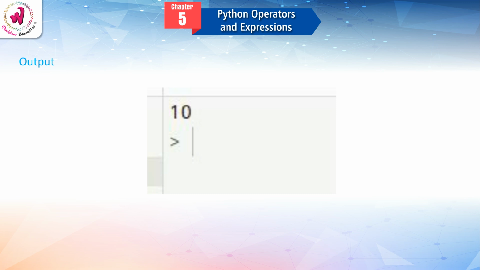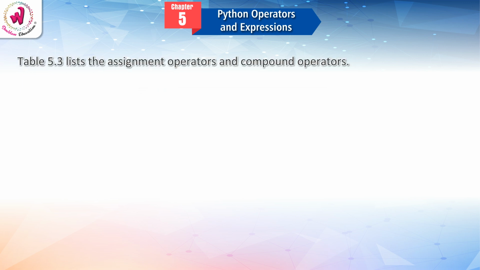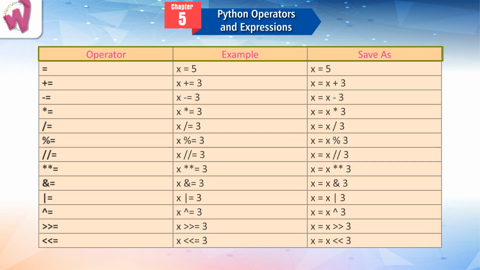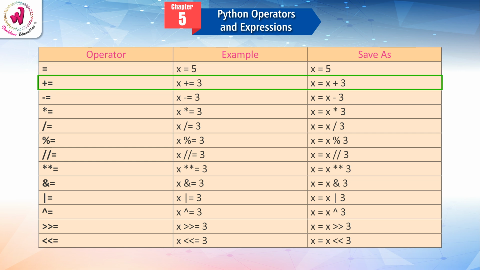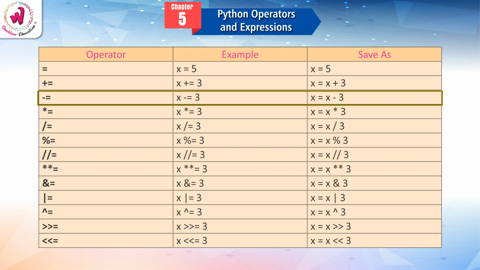Output. Table 5.3 lists the assignment operators and compound operators. Operator, example, same as. Equals, x = 5, x = 5. Plus equal, x += 3, x = x + 3.